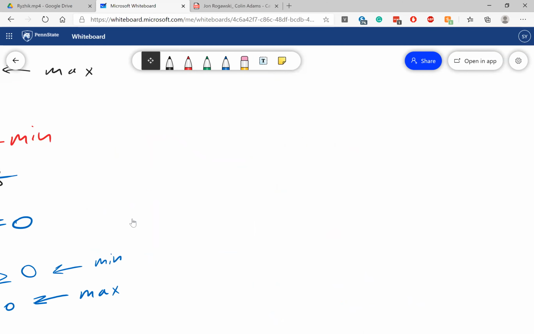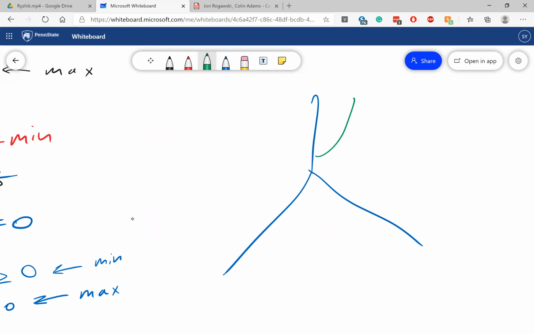So first, in 3 dimensions, if we have some function and we want to find its minimum or maximum, then at the minimum or maximum, the derivative both in the x and y direction will be 0.